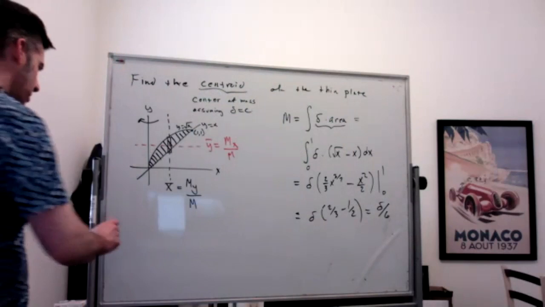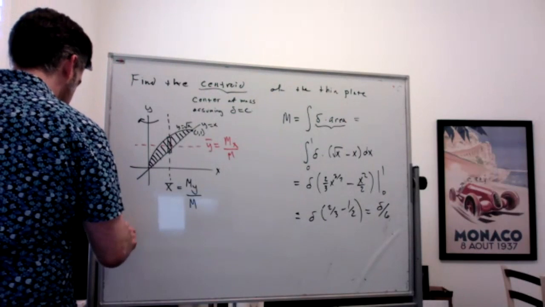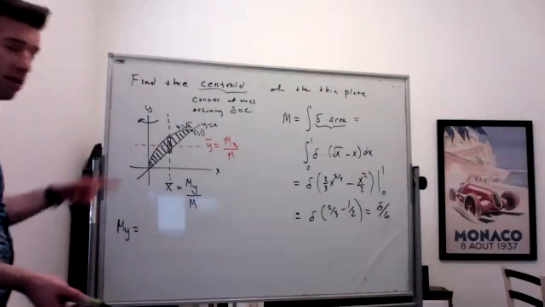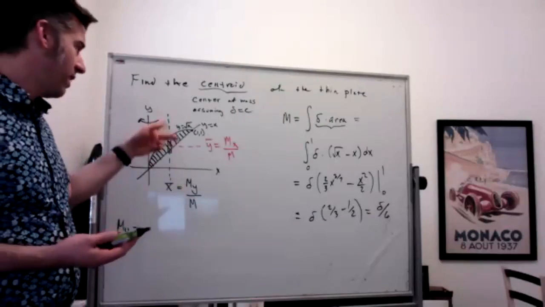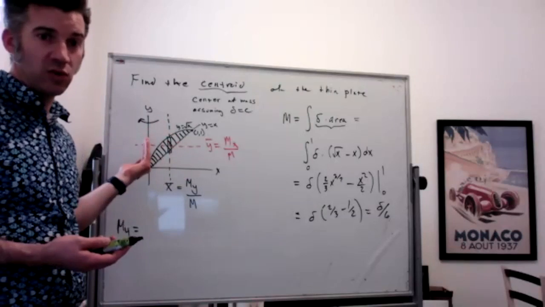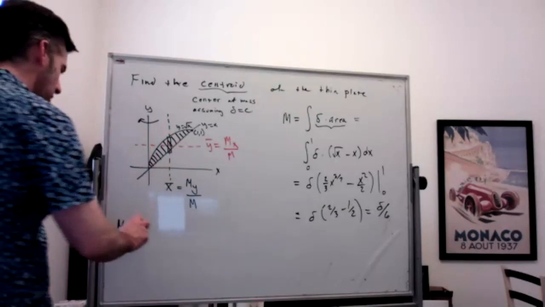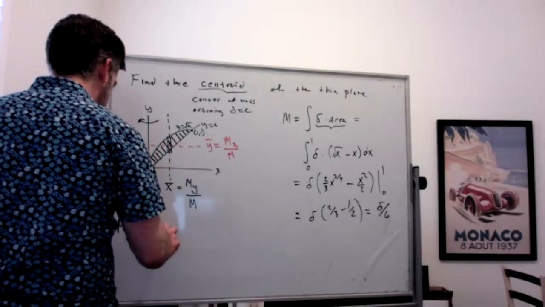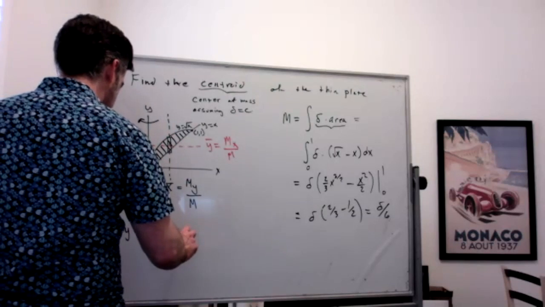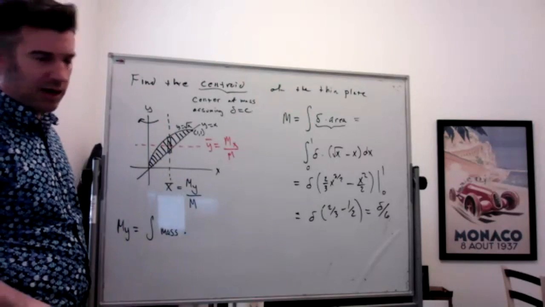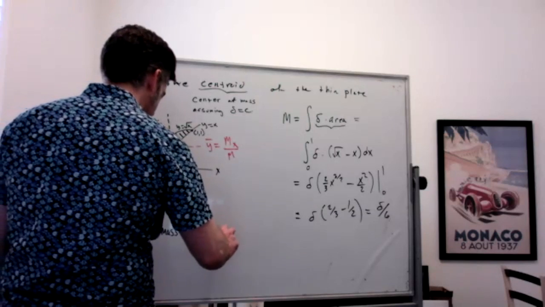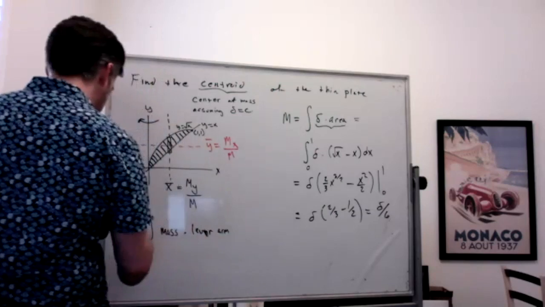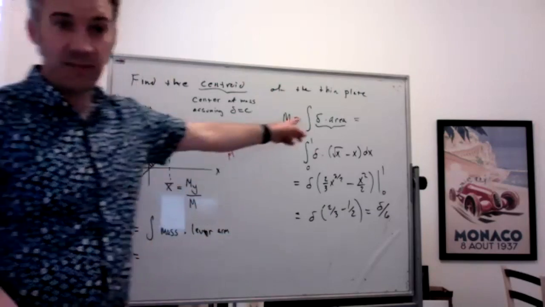So for the moment around the y-axis, I'm going to use a vertical strip, because for a vertical strip, all of that strip is the same distance to the y-axis. So the moment around the y-axis is the integral of the mass times, I call it the lever arm, which is going to be... the mass is the same as it was there.